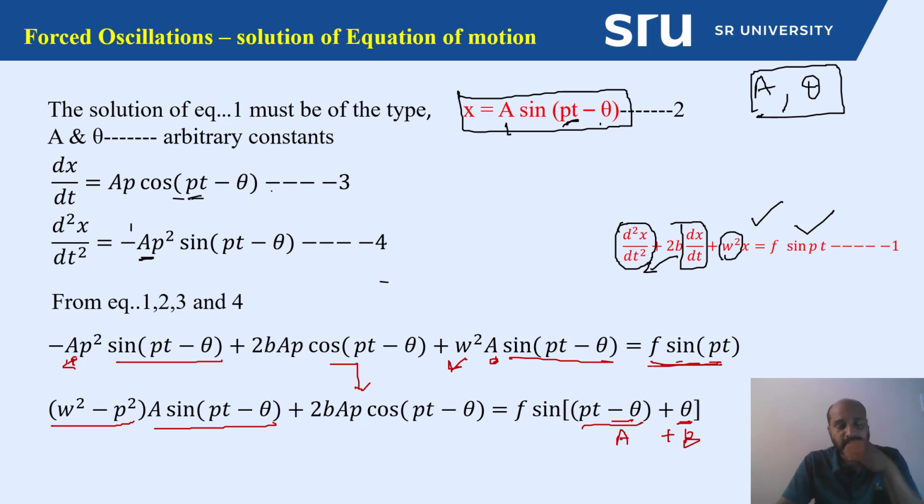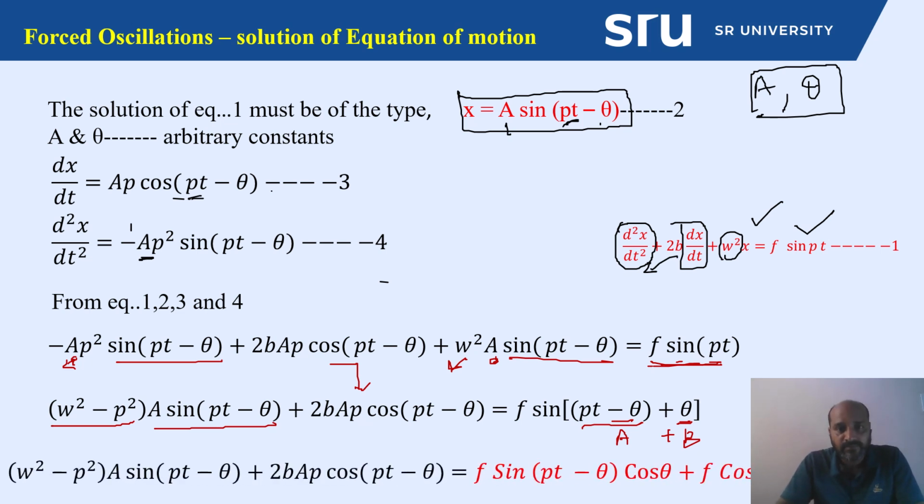So that expansion of sine of a plus b is what? Sine a cos b plus cos a sine b. So we'll write that expansion. Right. So now this left side of the equation is as it is. There is no change. F sine of a plus b expansion: sine a cos b, I mean sine of pt minus theta cos theta, and cos a sine b, f cos of pt minus theta times sine theta.